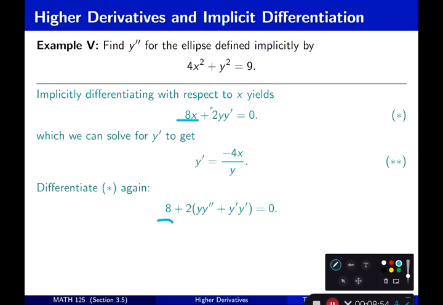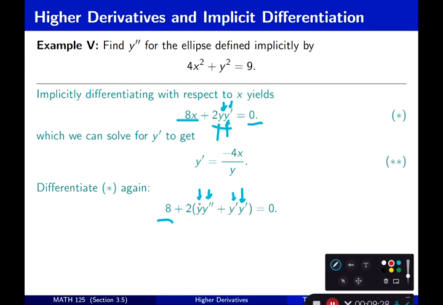The derivative of 2y y prime is 2 times the derivative of the first one of these, which is y prime, times the second one, which is y prime, and then basically the first one times the derivative of the other one, which is y times y double prime, and then you set it equal to 0 because the other side is 0.